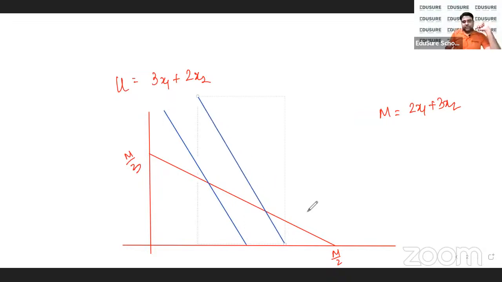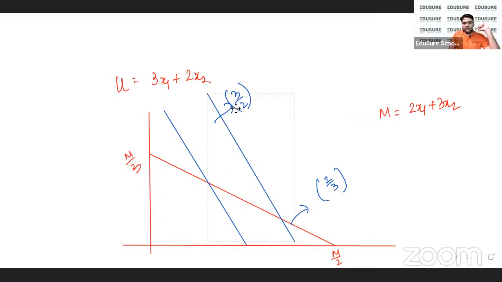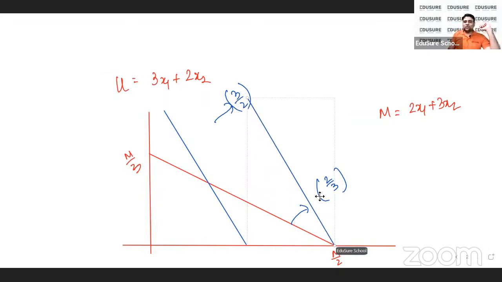So this absolute slope is 2 by 3, and this absolute slope is 3 by 2. So where will I move this in order to maximize? I'll move it to the extreme value where I consume only x.